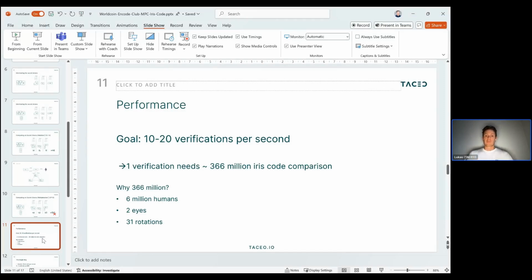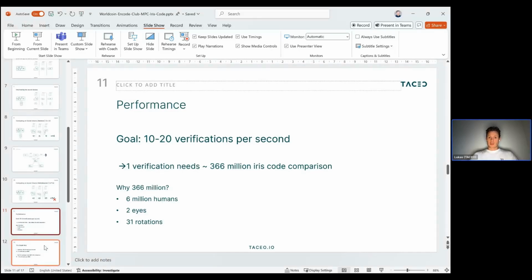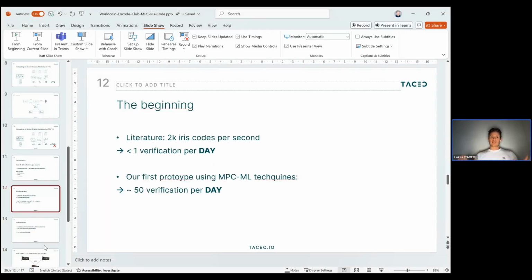But the best way is to tune into the biometrics session, where we go into detail about why you have to design the system in this way to make it secure. At the beginning, the literature, so academic papers, could do about 2K iris codes per second.